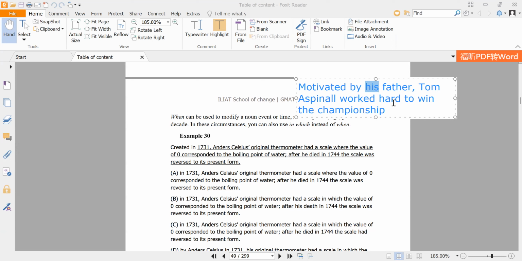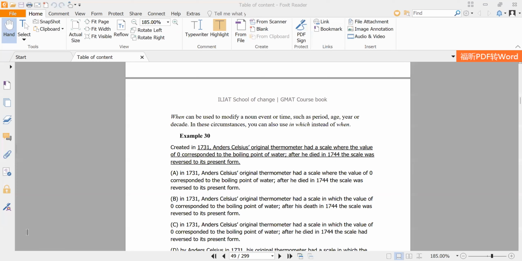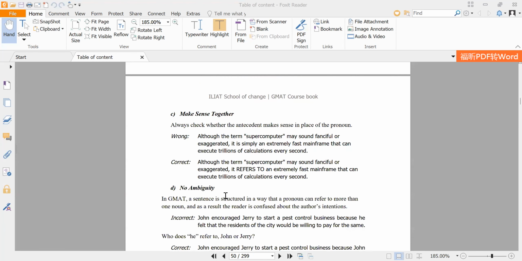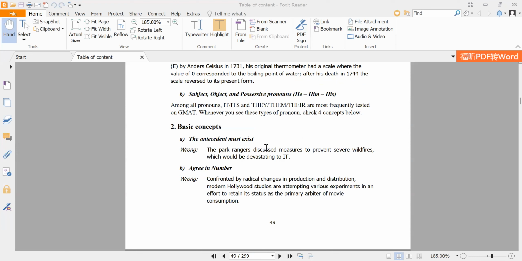And if we read the full sentence, we can figure out that his is referring to Tom Aspinall, the subject of the sentence. So Tom Aspinall is the antecedent for the pronoun his, but it doesn't actually come before this pronoun. It's placed after that pronoun. So is it okay? Yes, this is completely fine on the GMAT. But the key thing you want to remember here is that the antecedent for that pronoun must exist. It cannot be just a pronoun by itself, placed in the sentence all along without an antecedent.